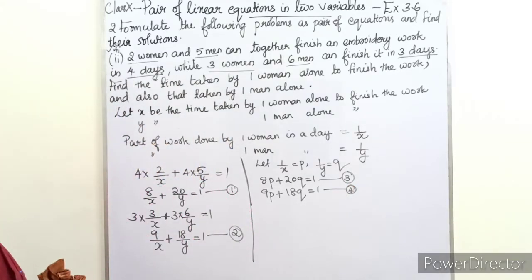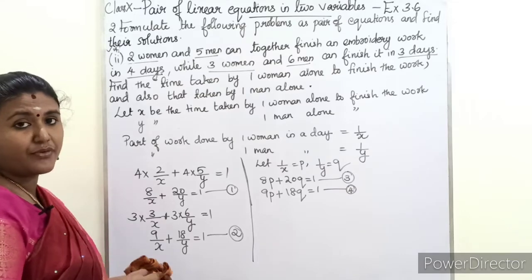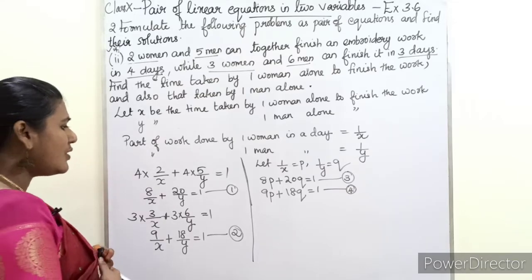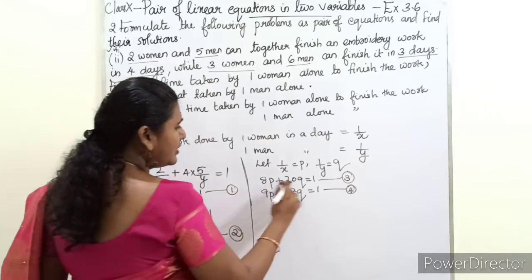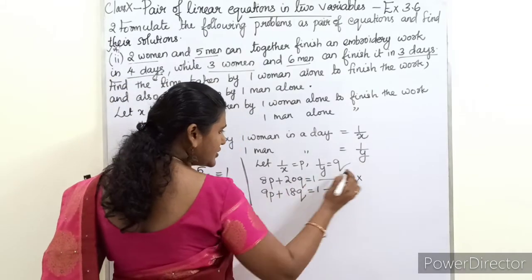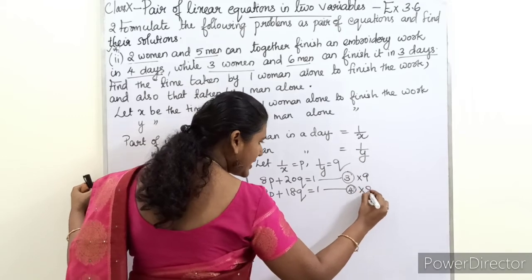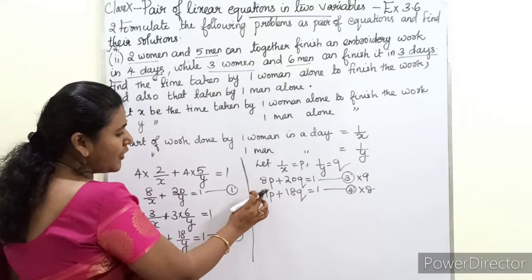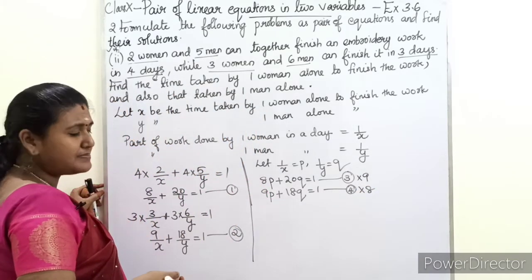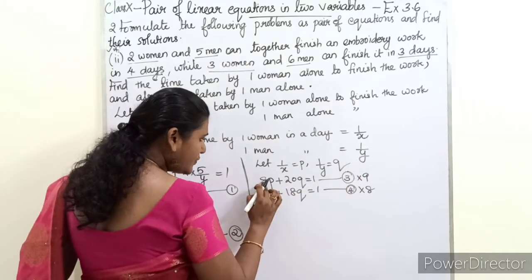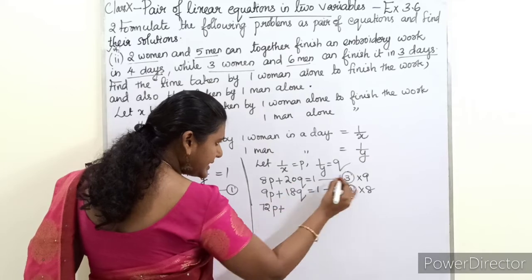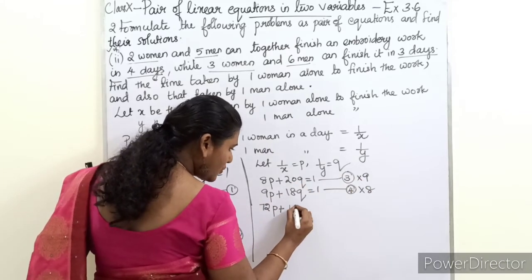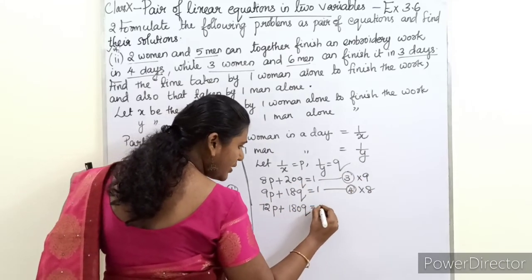Now we have to use the elimination method for finding the values of p and q, but here the coefficients are not the same. So we will multiply the third equation by 9 and the fourth equation by 8, so that the coefficient of p becomes the same. So 9 into 8, that is 72p, plus 9 into 20, that is 180q, is equal to 9.